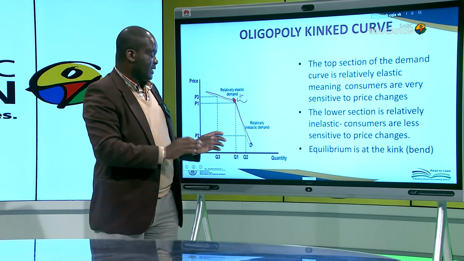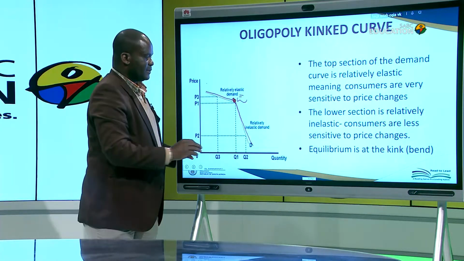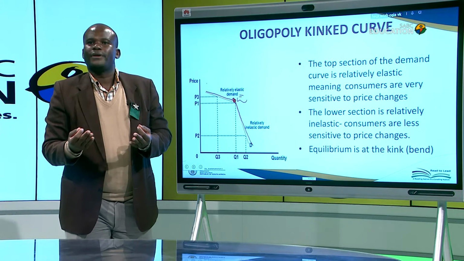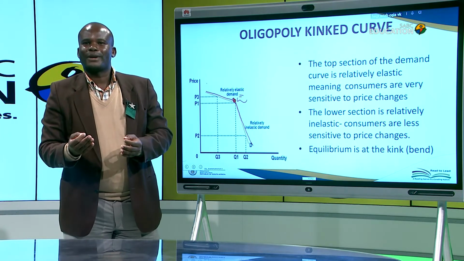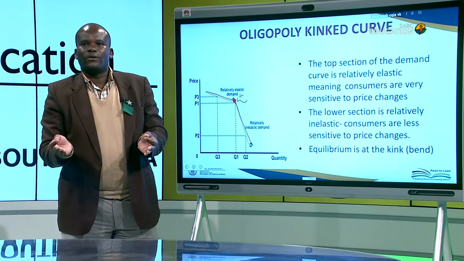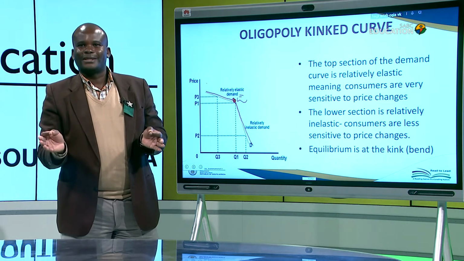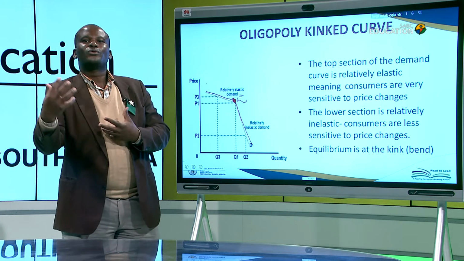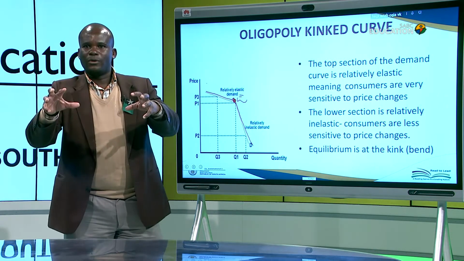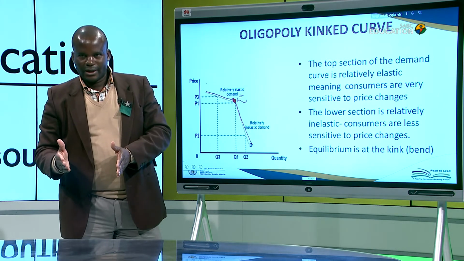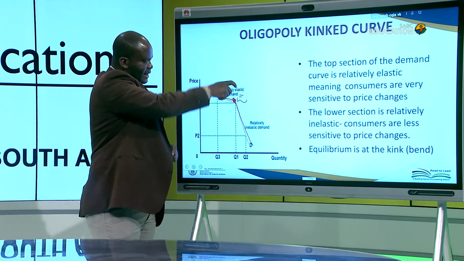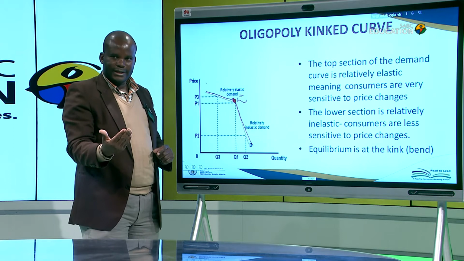One good piece of advice with this part of the demand curve is that you do not increase your revenue by reducing the price. Because if people are not sensitive to price changes, even if you reduce the price, you are not able to lure them to buy more through price reduction. So that's the whole essence behind relatively elastic and relatively inelastic.